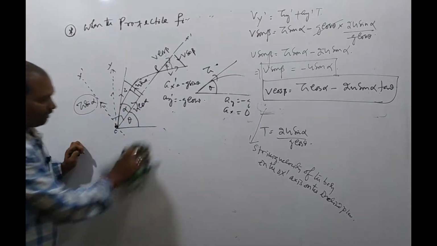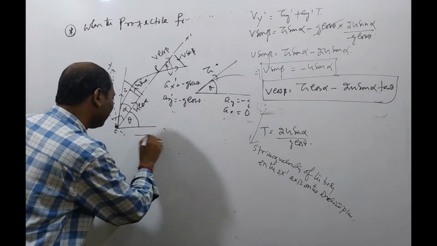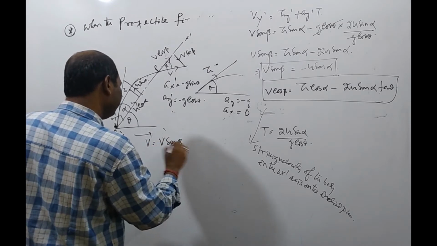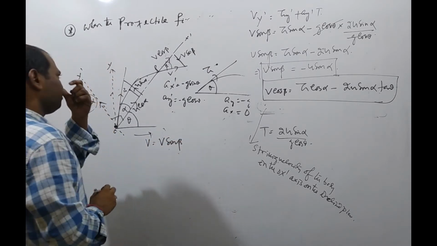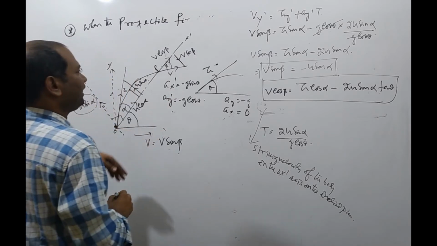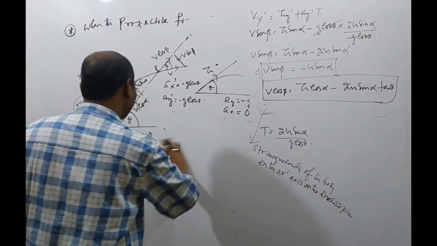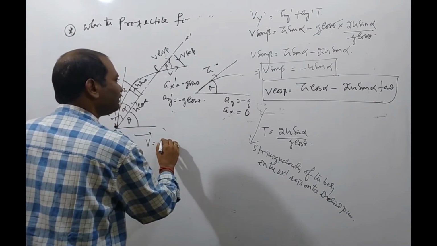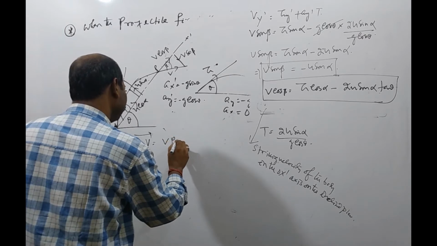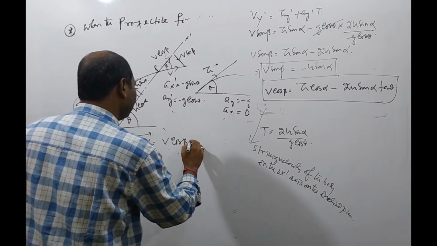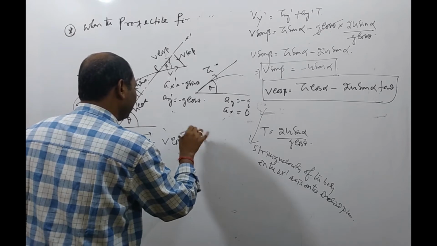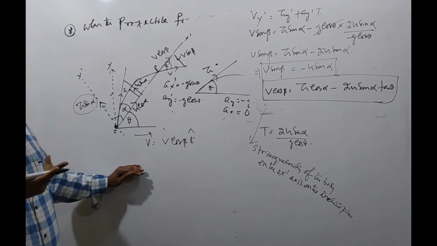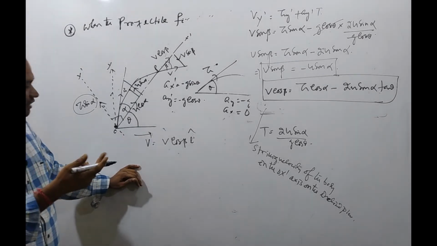Okay, then I can write v vector is equal to v sin beta, v cos beta, with i dash cap in the x dash axis, j dash cap.